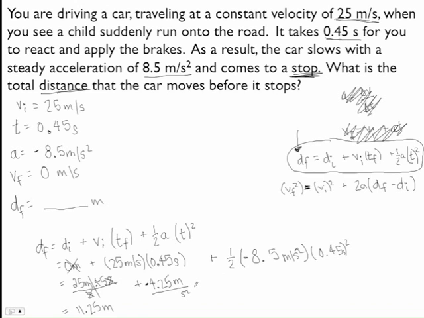Okay, and then you're multiplying that by 0.45 squared, which is 0.2025 squared. So this s and this s will cancel out. Okay, and then you will have, so this will be negative 0.861 meters.